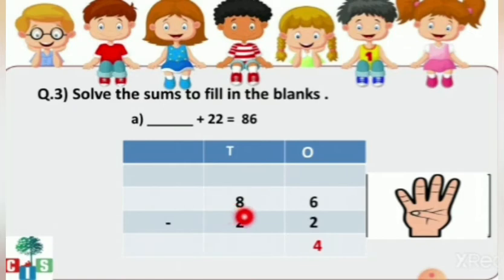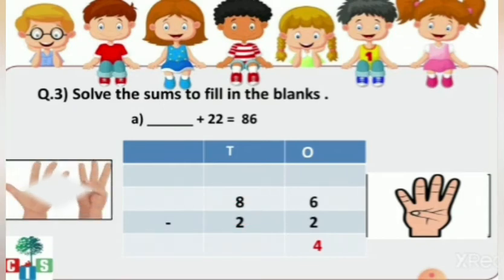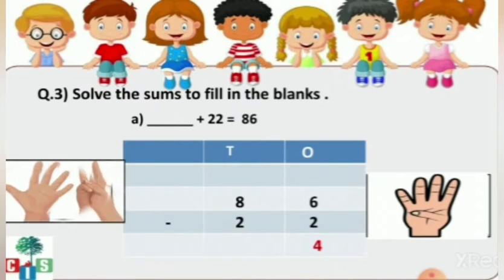Now let's move to the tens column. 8 minus 2. So open your 8 fingers and now close 2 fingers and see how many fingers are still open. Let's count. 1, 2, 3, 4, 5, 6.